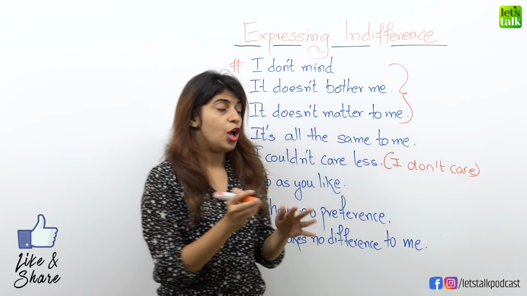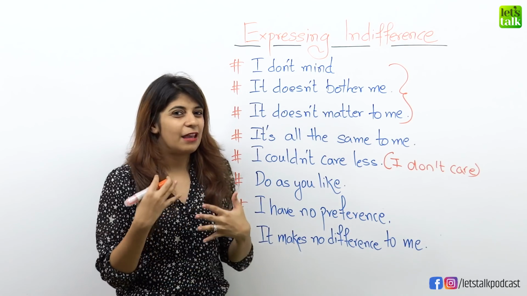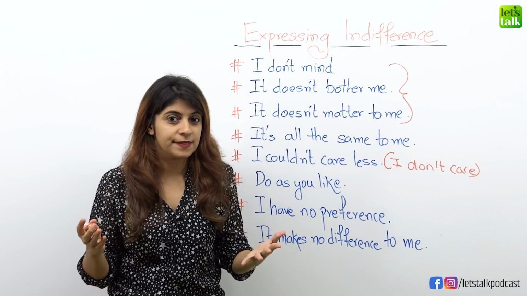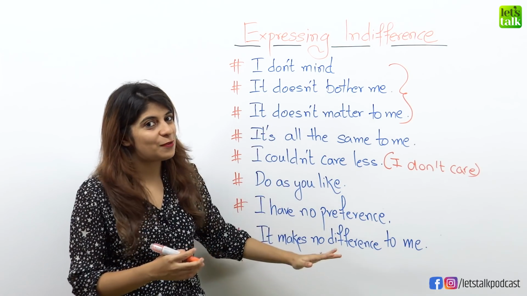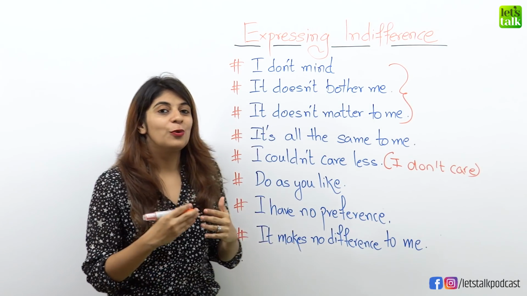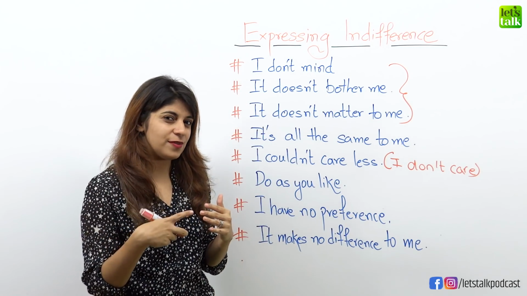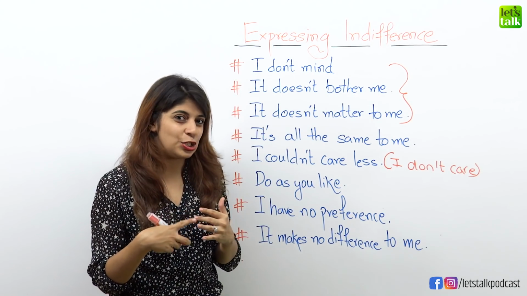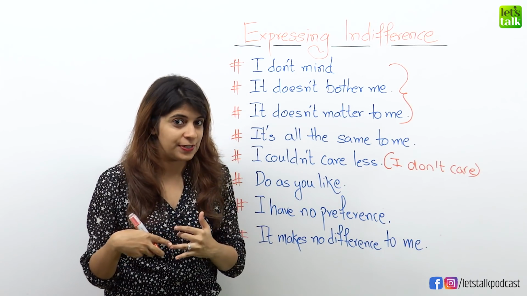Now remember, using certain expressions out of this list can give off very cold vibes. So always make sure that whenever you're using one of these expressions, you use it with a nice tone. Because if you use it in a mean tone, then you would come off as a very cold person.